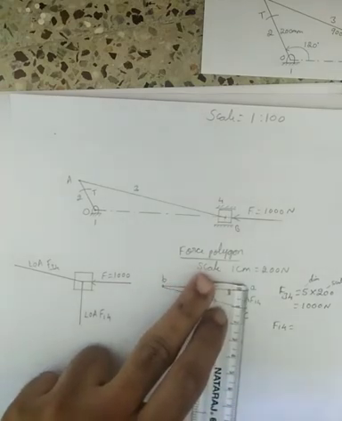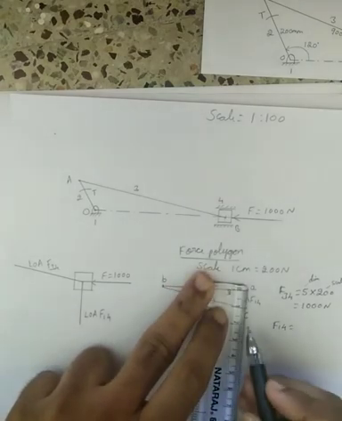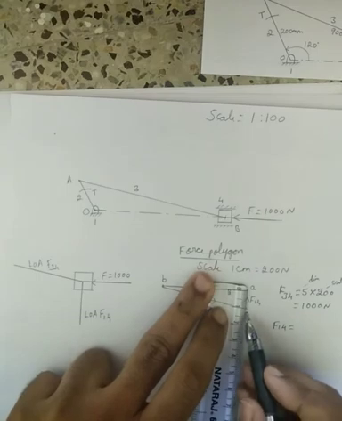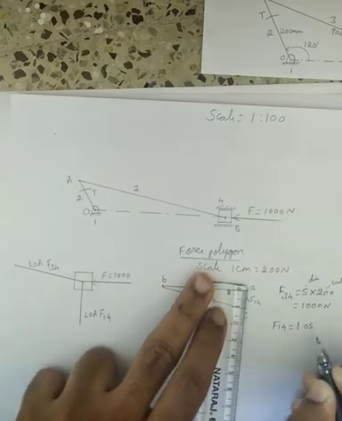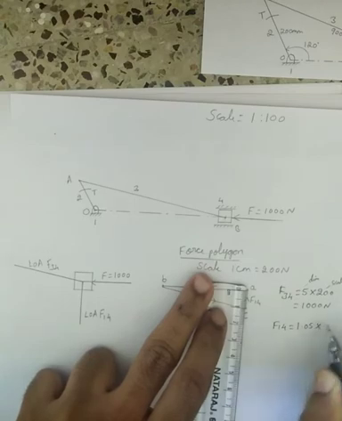So I will check the dimensions of it. I am getting 1.05. So 1.05 into scale. Scale is 200.